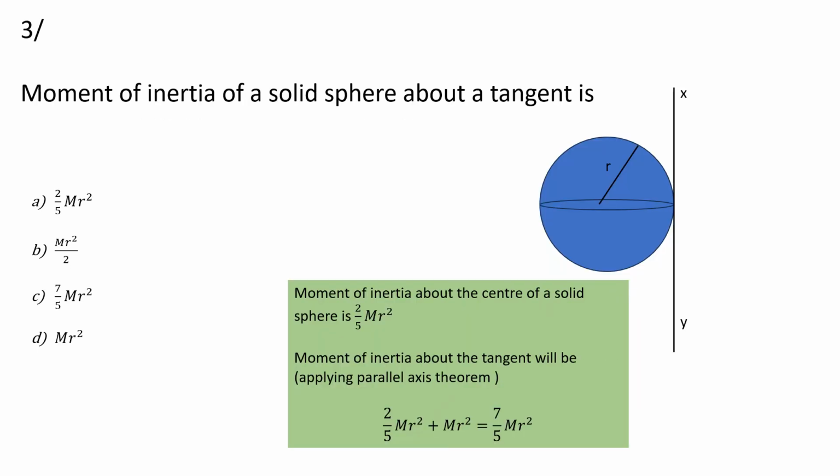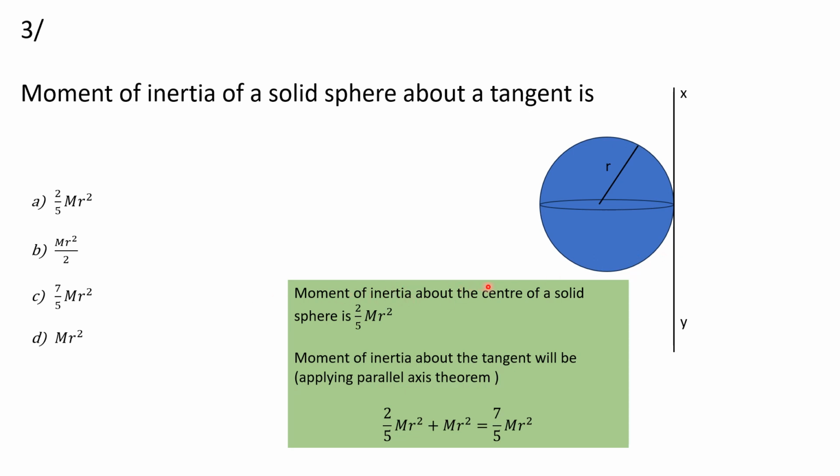Then, the moment of inertia of a solid sphere about a tangent is. The options are 2 by 5 mr square, 7 by 5 mr square, and mr square. So we have to calculate the moment of inertia of the solid sphere about its tangent.